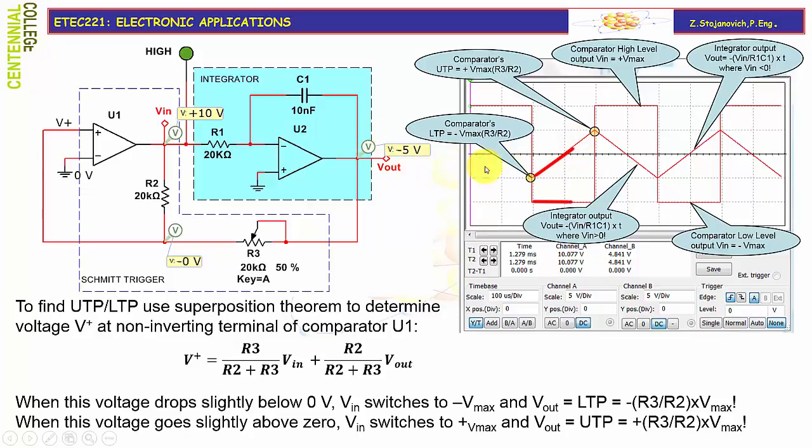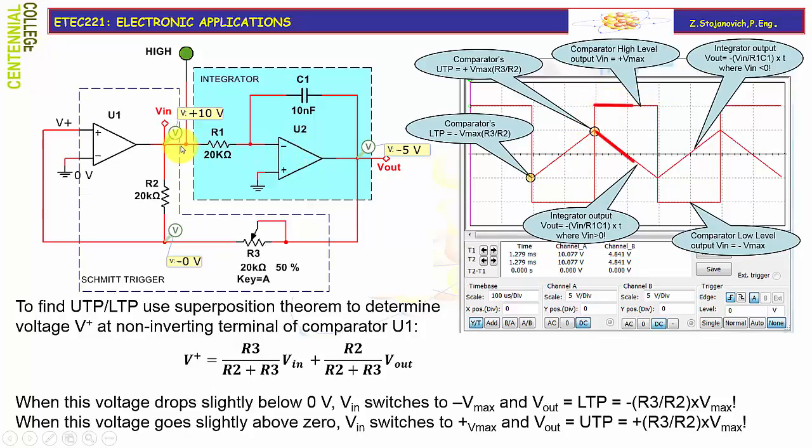It will keep on ramping up until it reaches the point where the non-inverting input of the U1 gets a value that is higher than 0. And that would be the upper threshold point, which is positive Vmax R3 over R2. Again, positive Vmax will be close to the positive VCC power supply line. At this point, the comparator is changing output from negative Vmax to positive Vmax again.